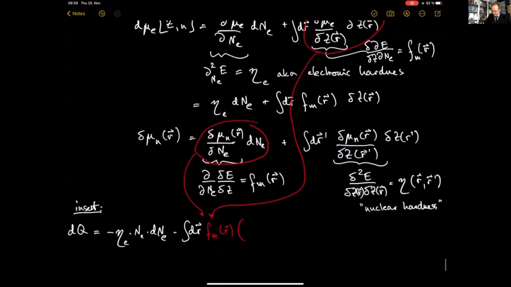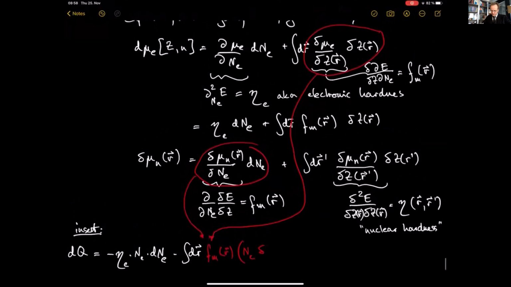And that thing multiplies our number of electrons, dz, and now I have dn, so Ne dNe. That can't quite be right, but the mixed one with Z, right? Shouldn't it be Z of R dNe? So Z, yes, it should be Z of R dNe.